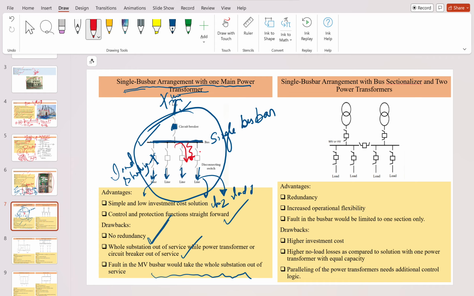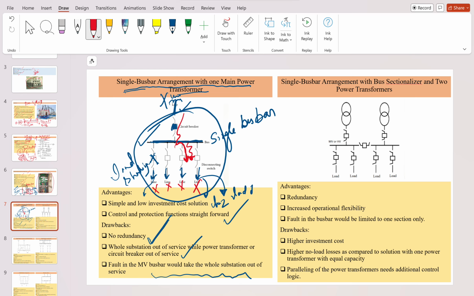If all the power is going into the fault, the load will not get supplied. So this is a single bus bar arrangement with one main power transformer.